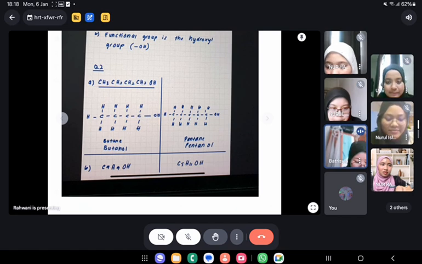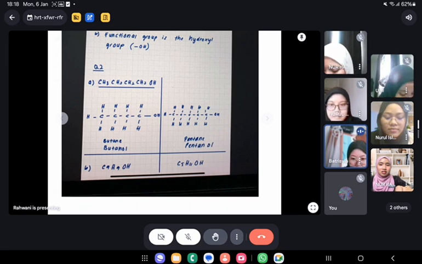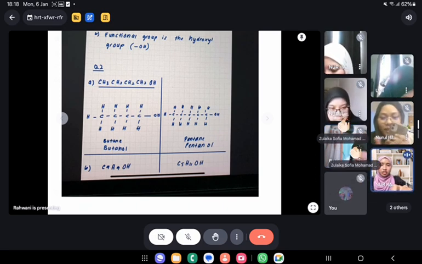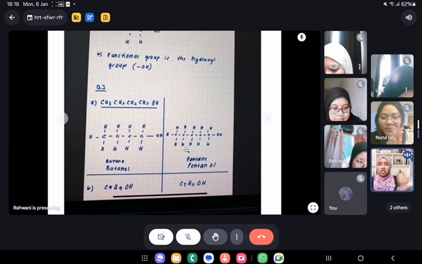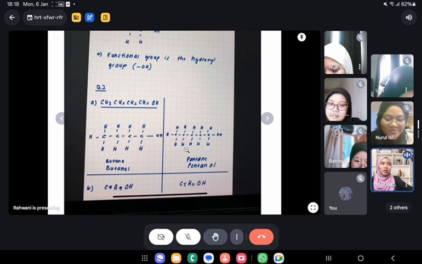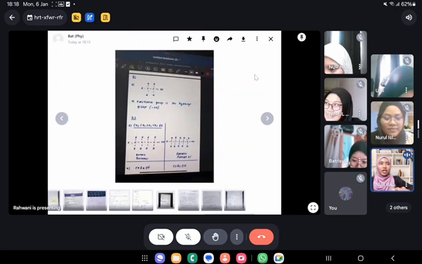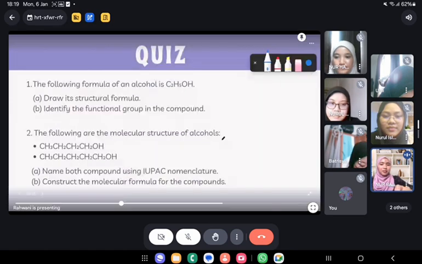Therefore, 5 times 2 plus 1 equals 11. Therefore, I get C5H11OH. Alright, that is correct, Nur Batrisha. So you can use the general formula, or you can just count it one by one from the molecular structure. So I believe everyone understands what they did. Now let's move back to our slides.